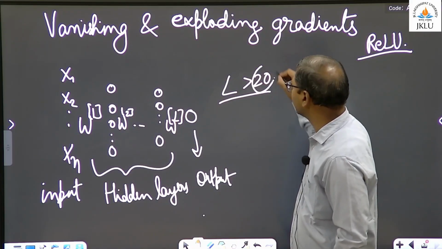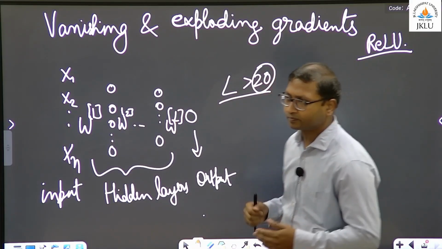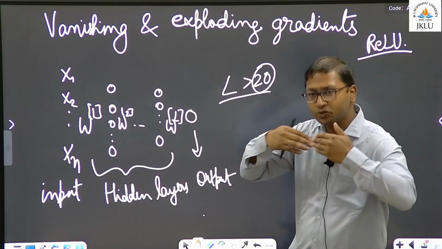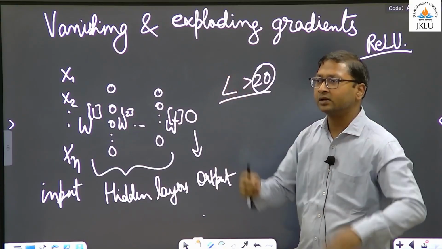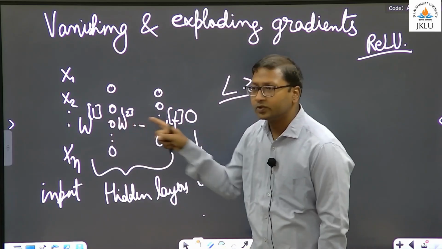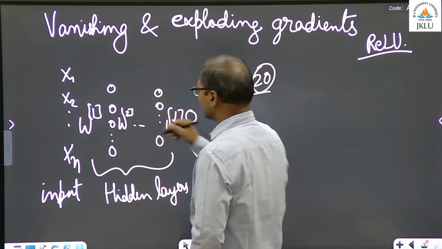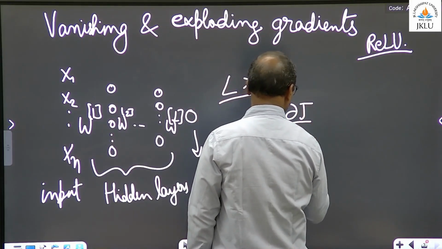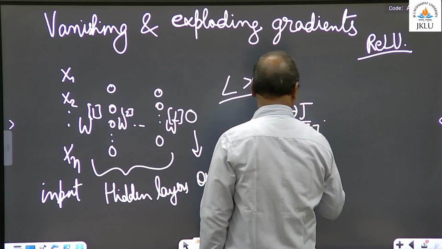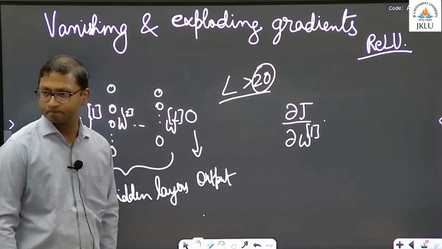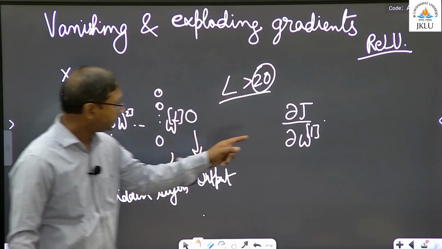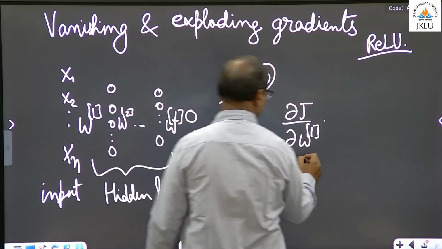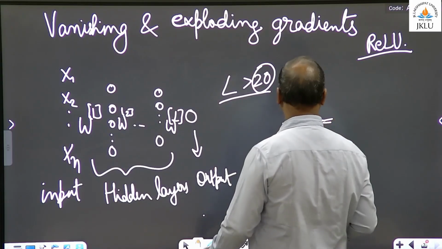This number 20 is arbitrary here, there is nothing very special about it. Now, I will keep this as a matrix, so that means del j by del W1 is a matrix, right. Now, if this is a matrix, maybe I can just keep on talking about this one term, let us just talk about that.